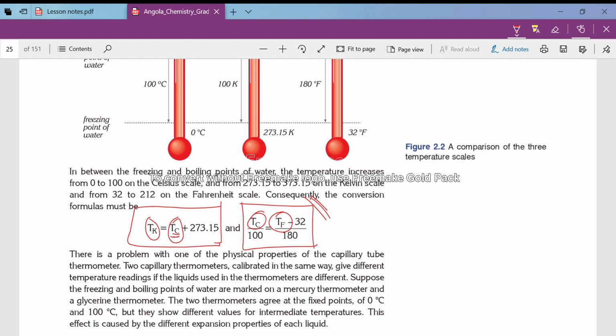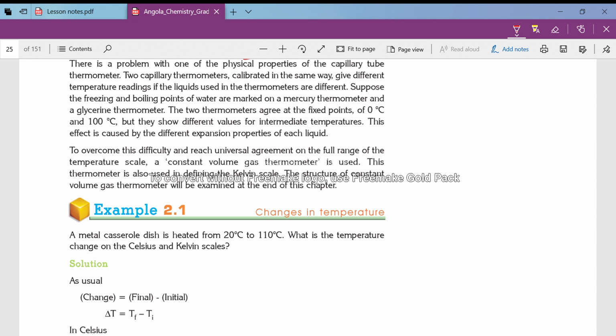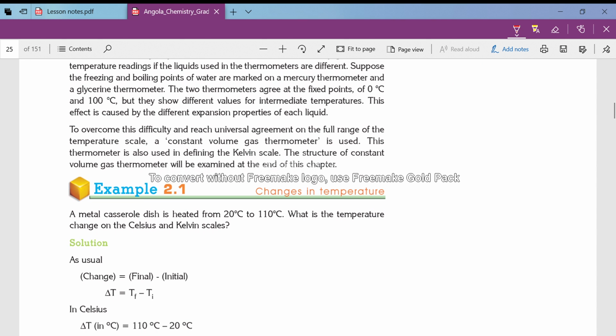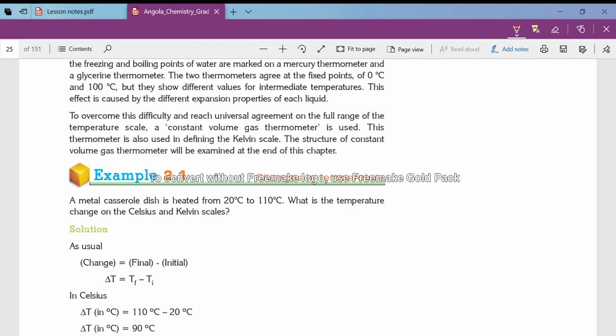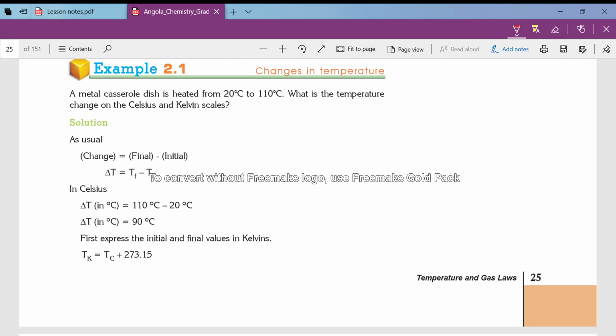But before we close, I just wanted to show you something in the book, which is how to find the temperature difference. We have an example here. Temperature difference or change in temperature is the temperature final minus the temperature initial. We covered this last year in physics.